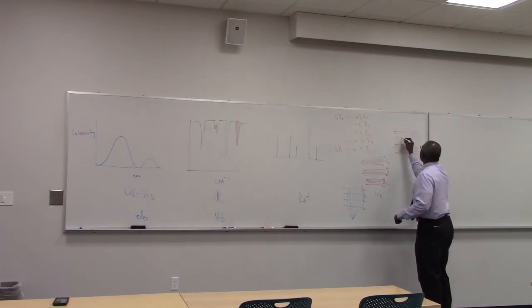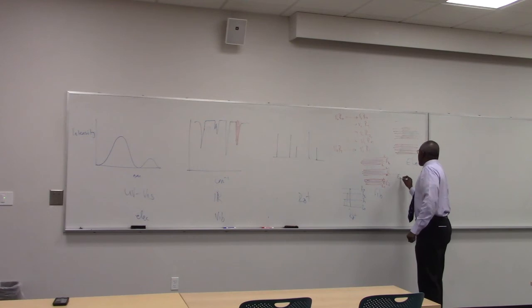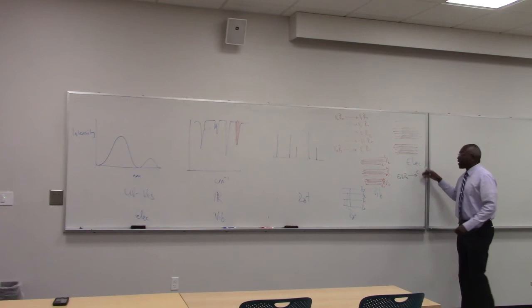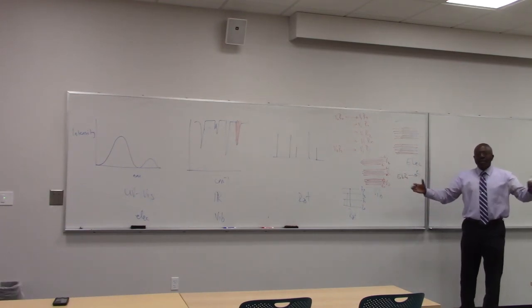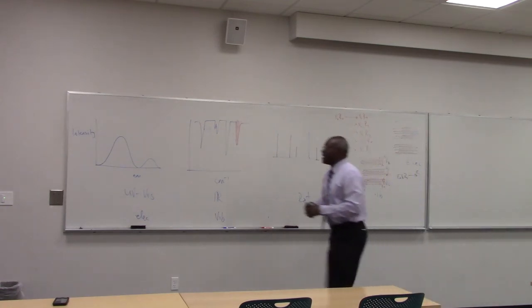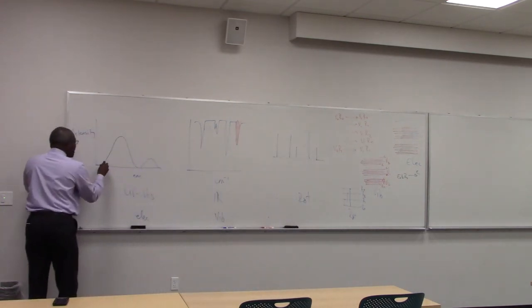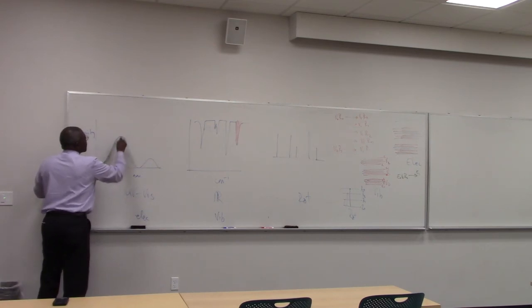So when I say I go from E0 to E1, well, good Lord, I could be going from E0, V0, R0 to E1, and just take your pick. So the number of possibilities has now expanded, which means all of those transitions are occurring simultaneously, and really it's just a lot more transitions. So I'll be getting a whole bunch of lines, very closely spaced in energy. The machine can't tell the difference, so it accumulates them all into one band.